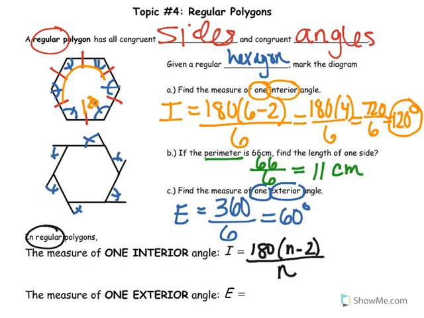And then same idea for the measure of one exterior angle. E equals the sum, 360, divided by the fact that there are n angles. And I get 360 divided by n. Okay? Another word that I could say for one is each. All right? Let's look at some examples using these formulas now.